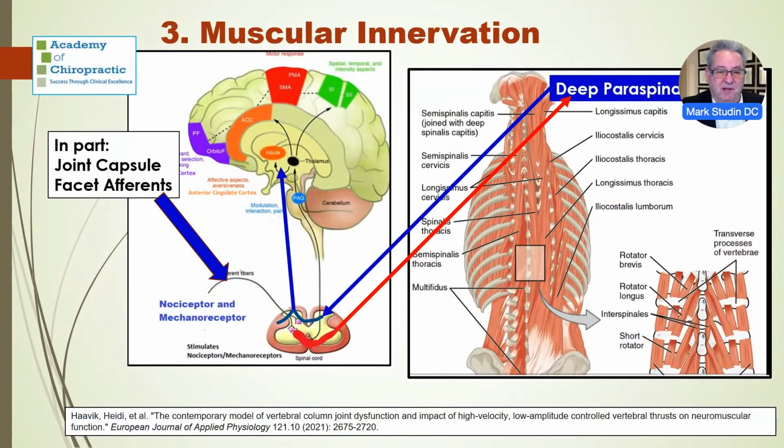But when that happens, it also spills over and goes to fire the deep paraspinal muscles. And in those deep paraspinal muscles, as I said a moment ago, this is where a lot of the magic happens as far as deregulating or regulating, because they feed back through the Golgi tendon apparatus and the Piezo2 ion channels, which feed back into the dorsal root ganglia, and that whole cascade up to the brain and sends proprioception information to the brain.